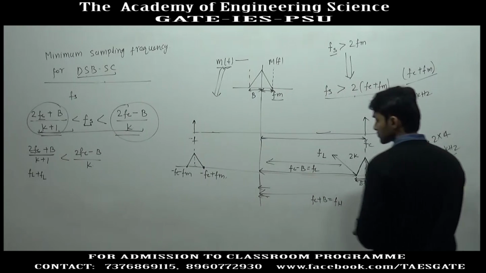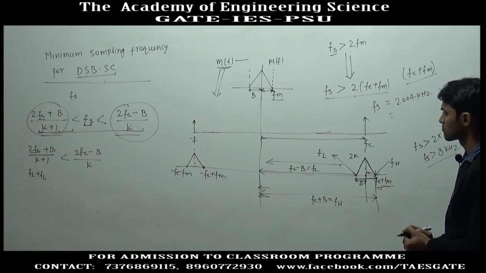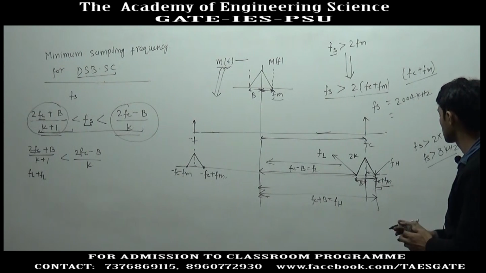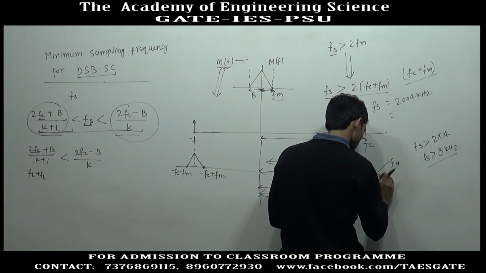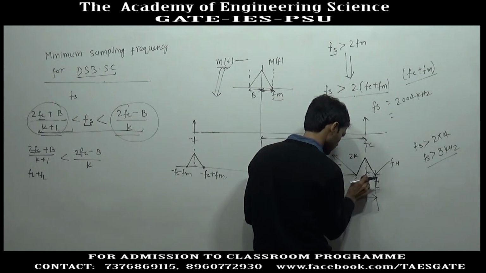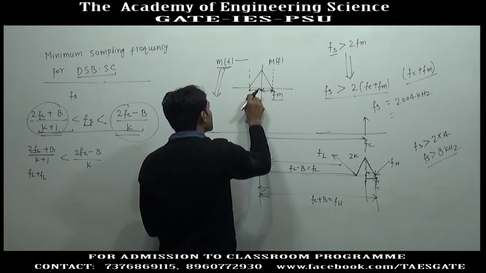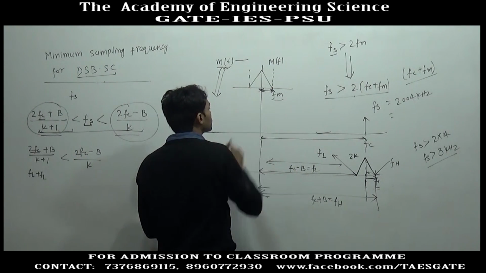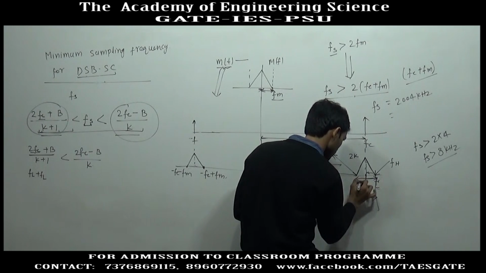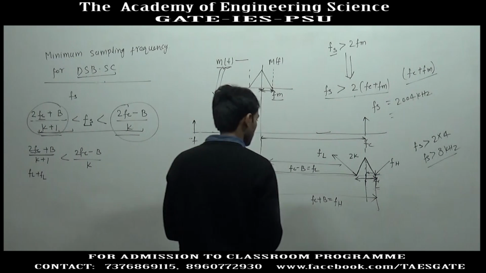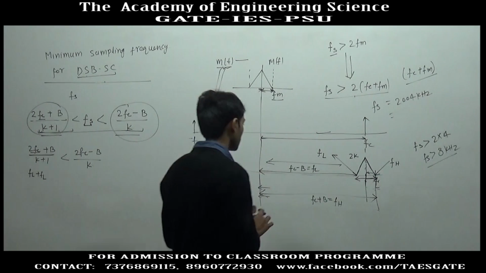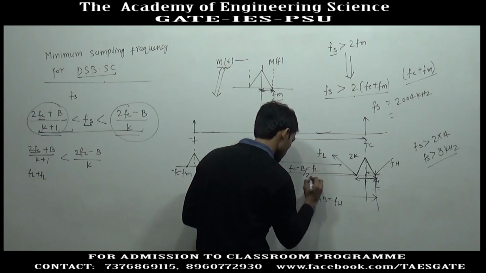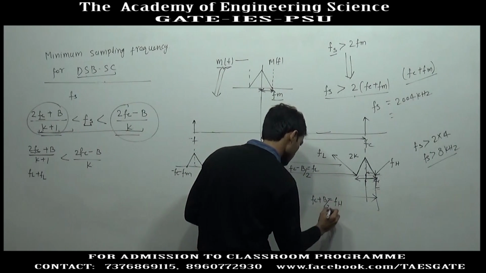Bandwidth means this is not fc, this is not B, this is the bandwidth. So, we will use here fc minus B by 2 and fc plus B by 2.